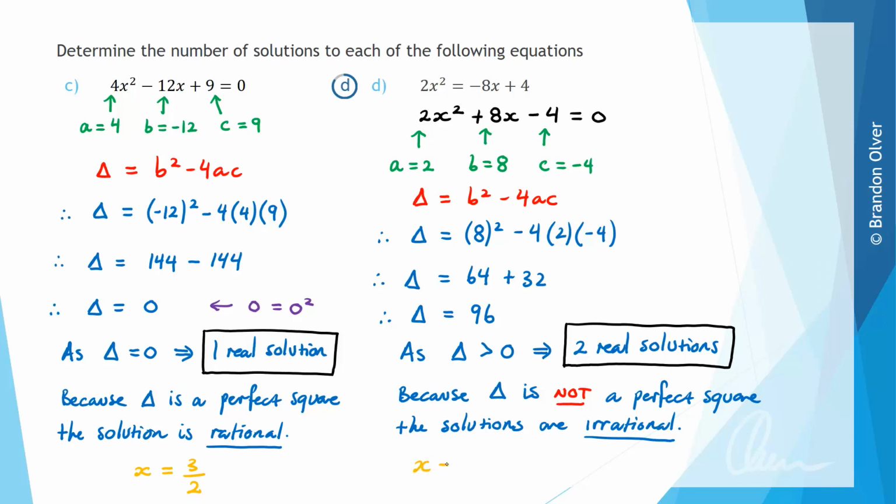So you'd have x is equal to 2 minus the square root of 6, or x is equal to 2 plus the square root of 6. And you can see that both of those answers have a surd in there that can't be simplified out. So that makes these solutions irrational, which is what we discovered based on the discriminant's value not being a perfect square.